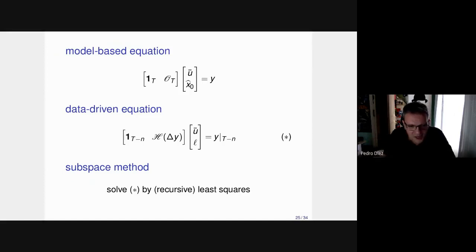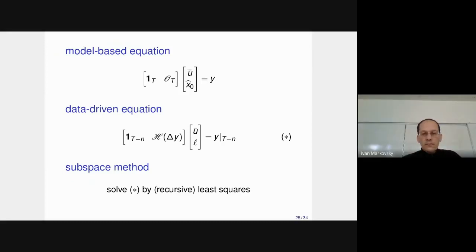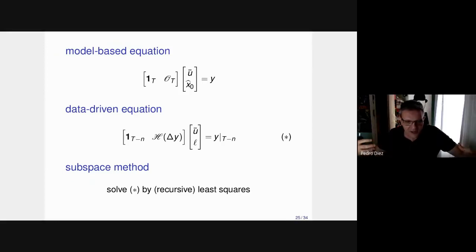Because that's part of the thing we do also, to try to balance the error coming from data and model, and have kind of an assessment of the error in the inverse problem that comes from both sources.